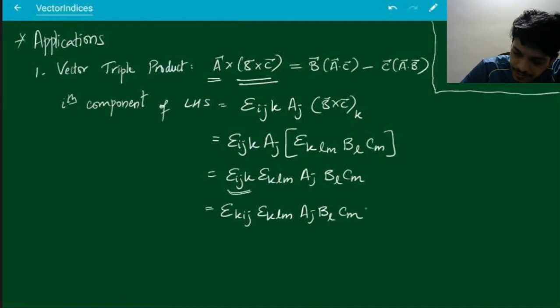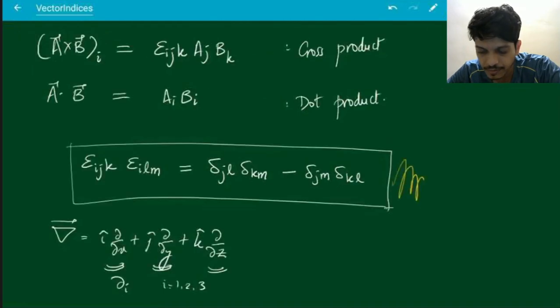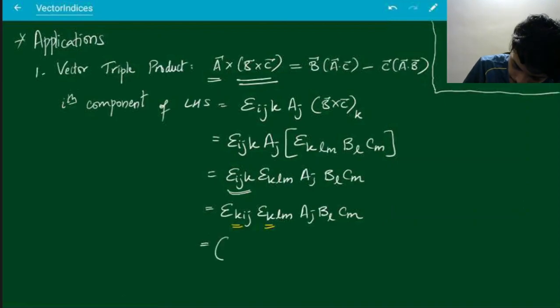I did that because I wanted both the k's at the start so that I can apply this identity of ours, because this identity only applies when the first index is the same. So let's apply that identity. This becomes first with first, second with second, minus first with second, second with first.